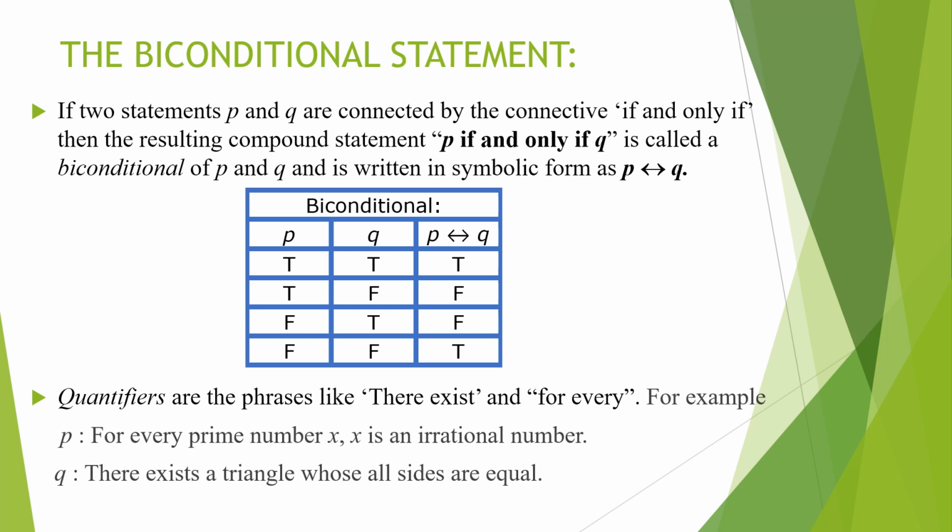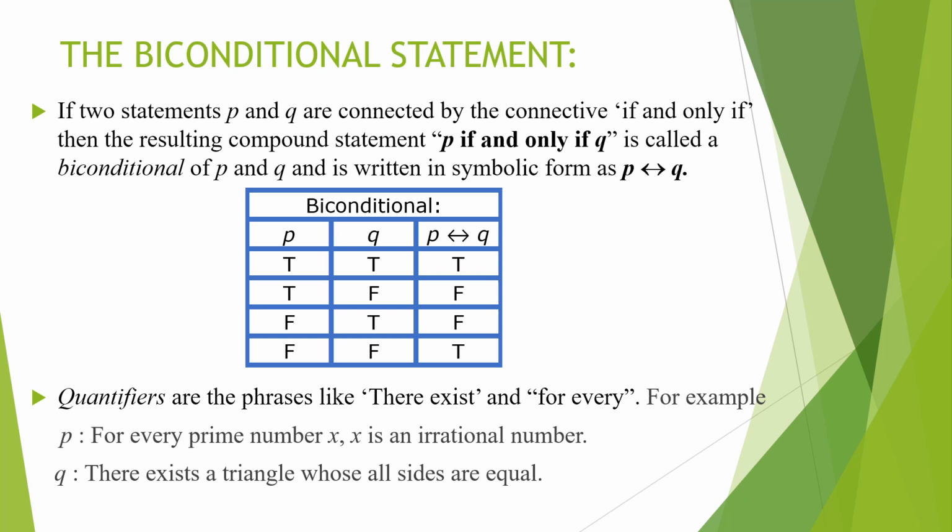When both P and Q are true, P if and only if Q will be true. If P is true, Q is false, then it will be false. If P is false, Q is true, then also it will be false. But if both P and Q are false, then P if and only if Q will be true.